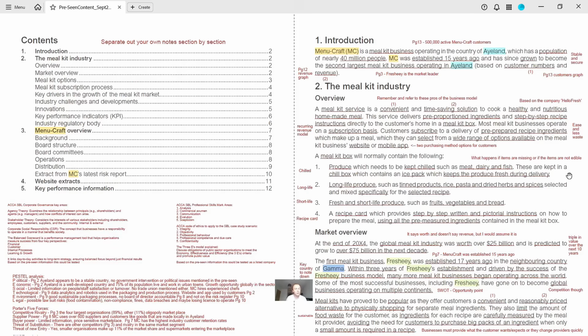Next, in terms of models and potentially being applicable to the pre-seen information, we have the 3 E's model. Now, what is actually this all about? You might have seen it before in your tuition. It's discussing the obligations of public sector organisations. So these are listed organisations such as MenuCraft, and how they actually meet the economy, effectiveness and efficiency.